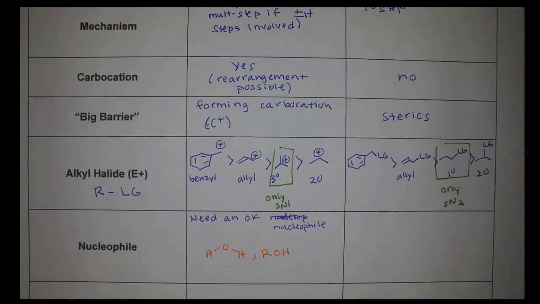We only need an OK nucleophile with electron lone pairs because the carbocation has already formed, which is our really good electrophile. So we just need something in its place to attack there.